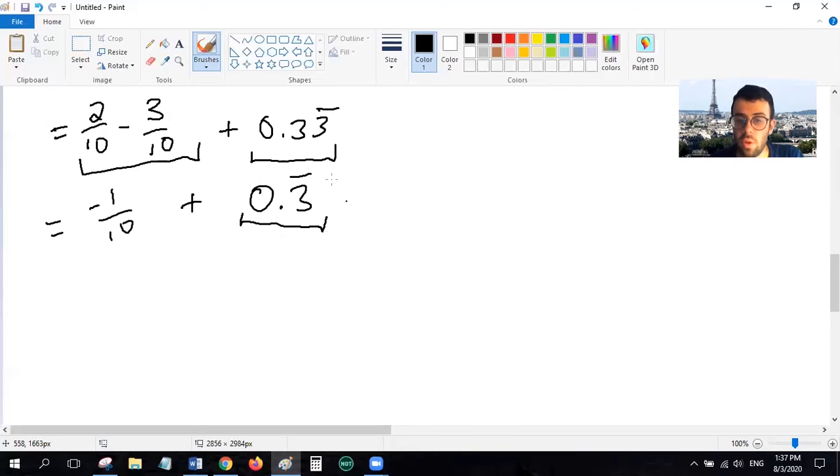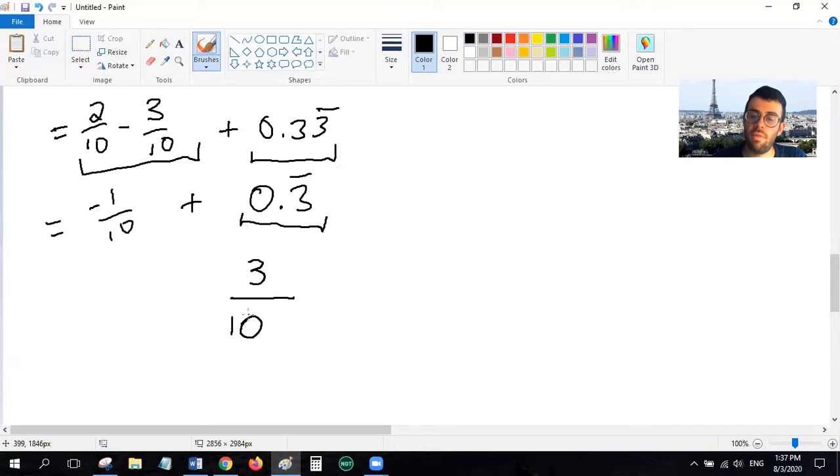So to review how to convert this type of repeating decimal to a fraction, we pretend that this bar isn't here. Let's pretend this bar isn't here. And that means that that would be 3/10. But actually the bar is there, so we can't just get rid of it.